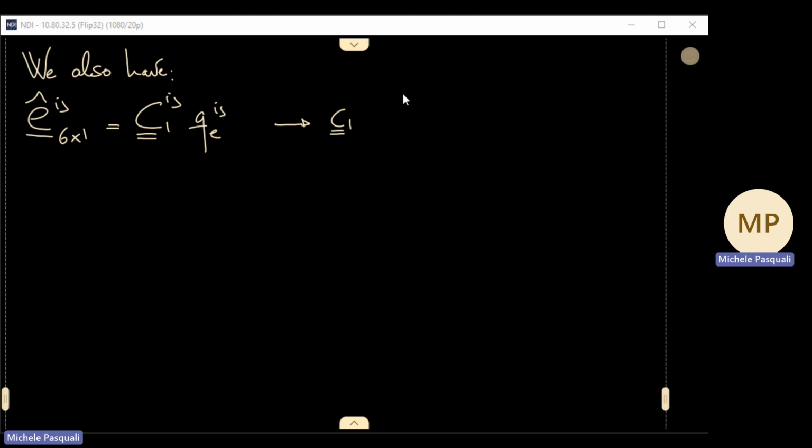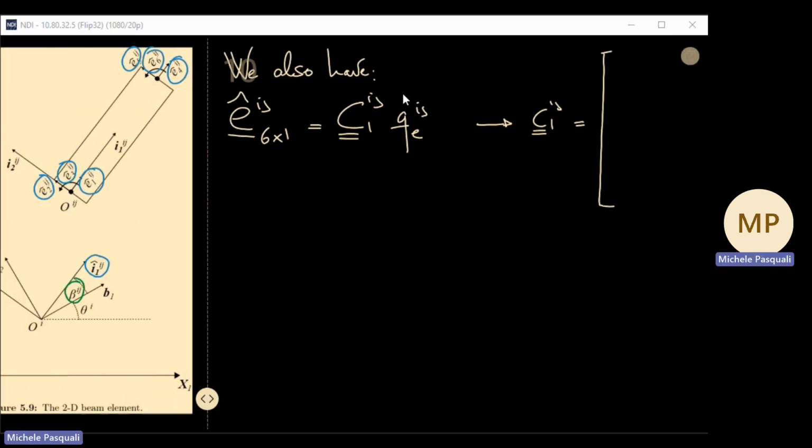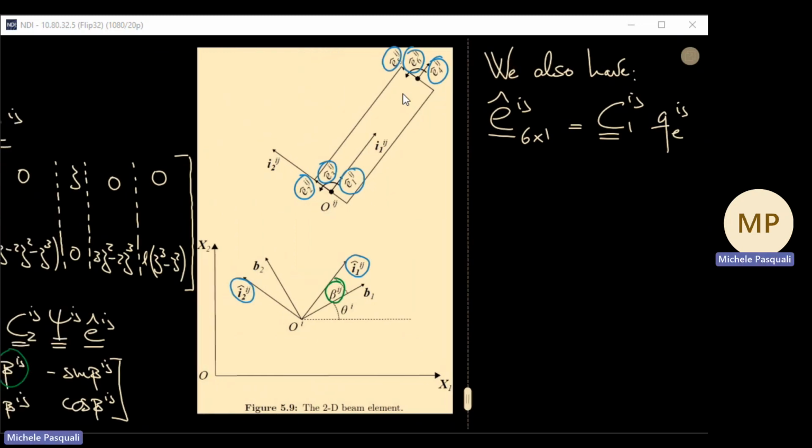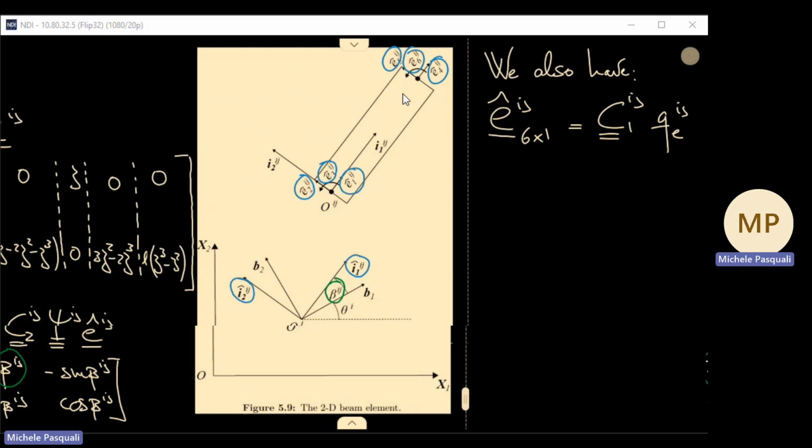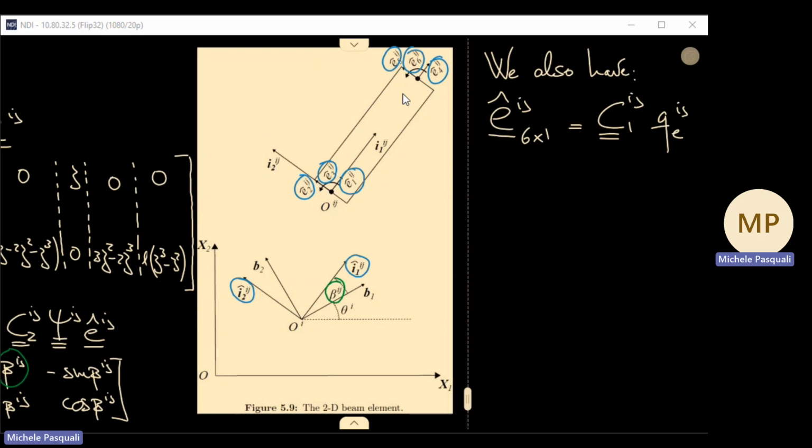So C1 ij will be again a matrix, just to be clear. This relationship rotates the nodal quantities from the intermediate element frame to the body frame.